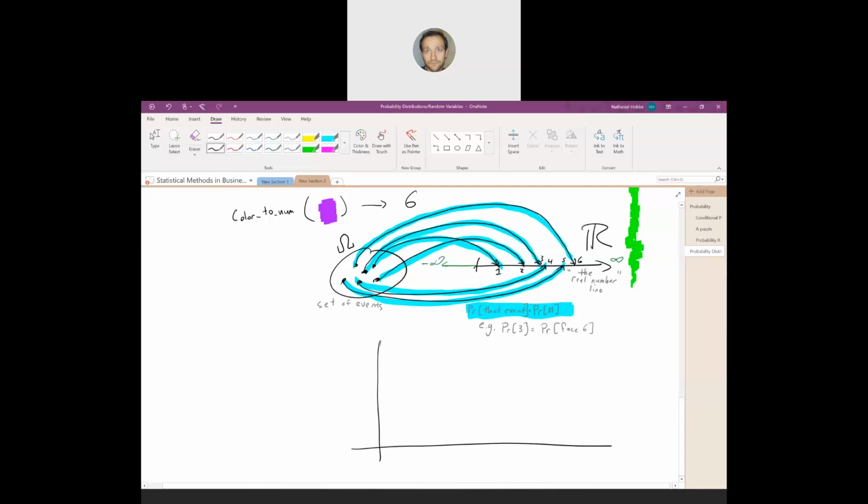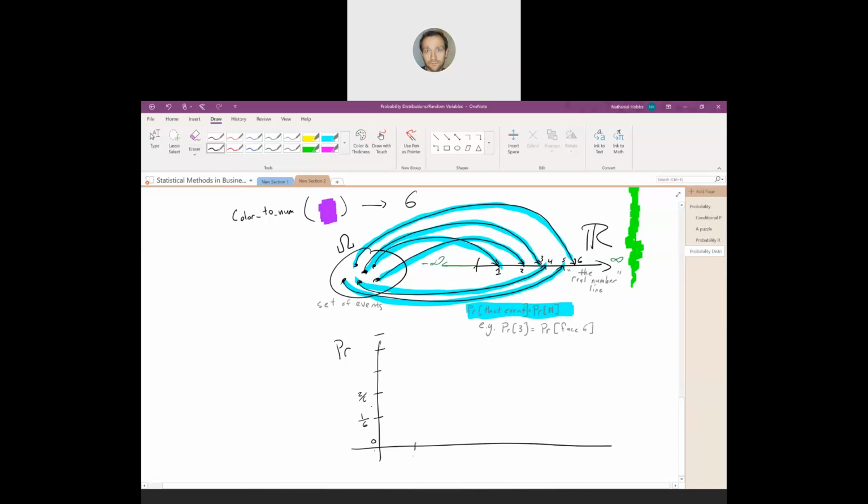That's a common way of doing it. Here we have a probability, 0, 1/6, 2/6, whatever.